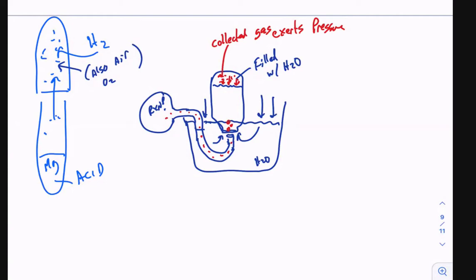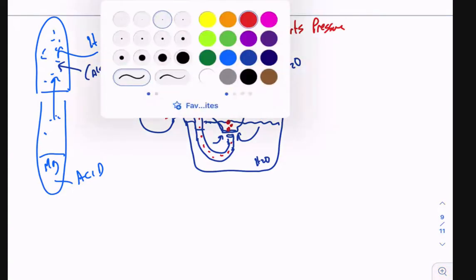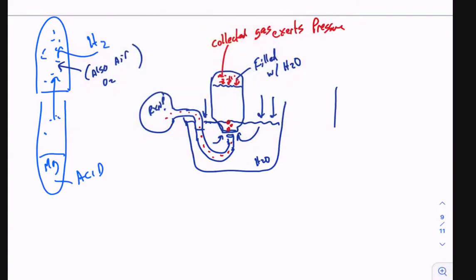And the more gas you collect, the more water gets pushed out of the bottle, because the pressure inside the bottle is greater. Does this process make sense?